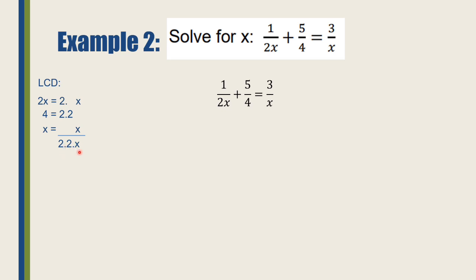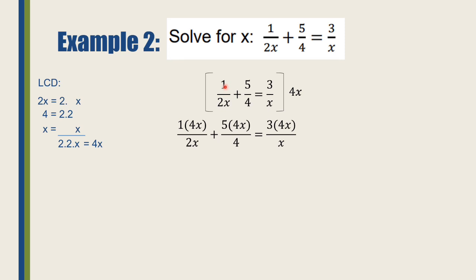So 2 times 2 times x is equal to 4x. So meaning to say the LCD of this is equal to 4x. Then multiply the LCD 4x to the equation.